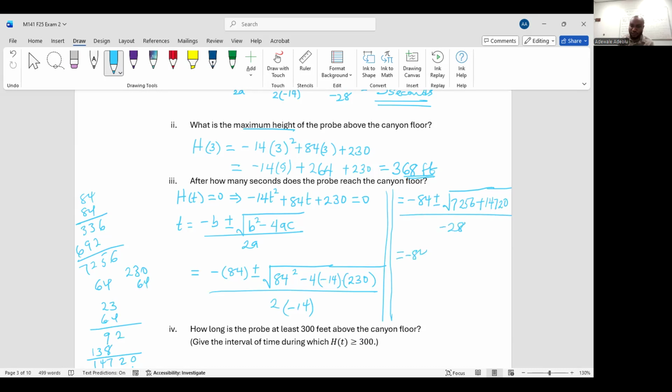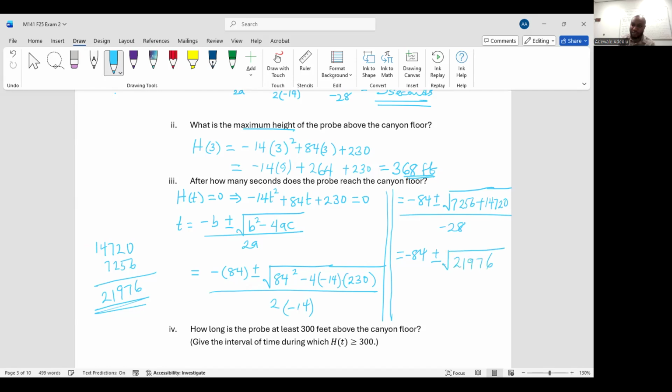So that is negative 84 plus or minus, if I add those two numbers, 12880 plus 7056, I will have 19936. Square root of 21976. If everything is correct, we should have that.